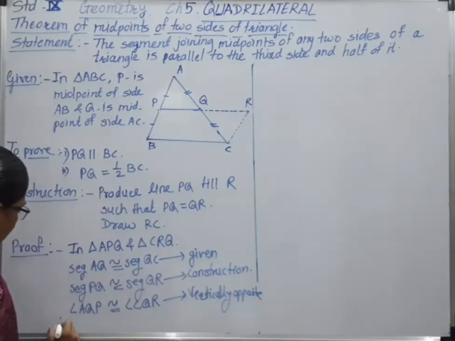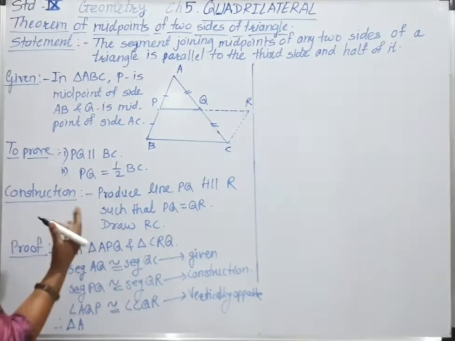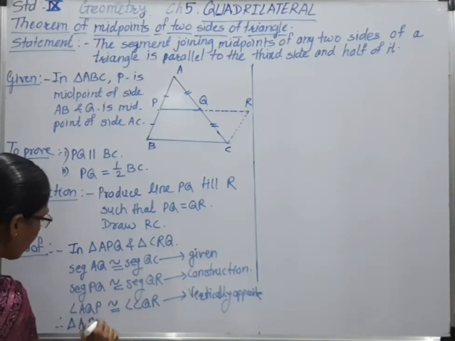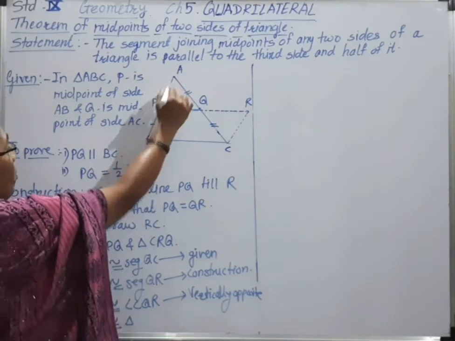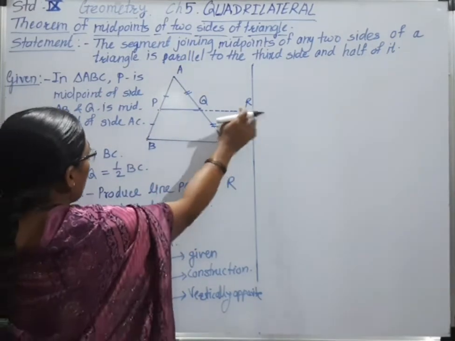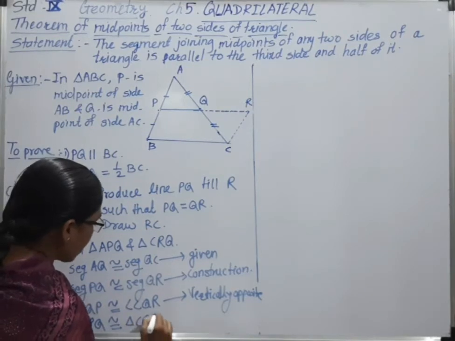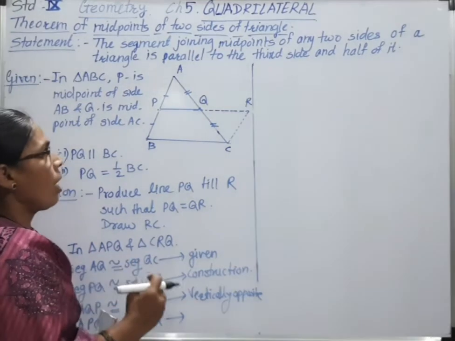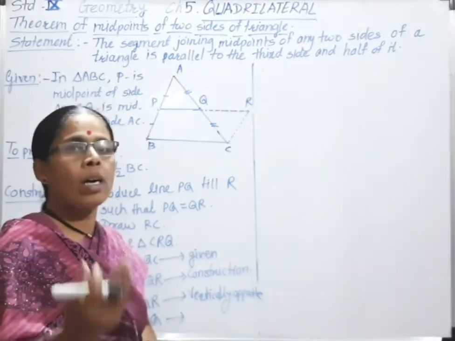And therefore triangle APQ is congruent to triangle CRQ by SAS test, because two sides and included angle of one triangle are congruent to the corresponding two sides and included angle of the other triangle.